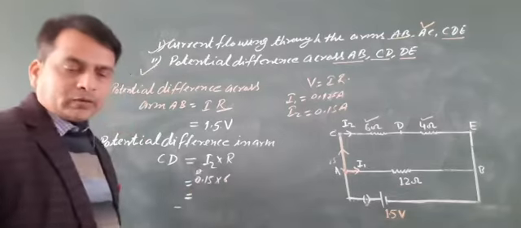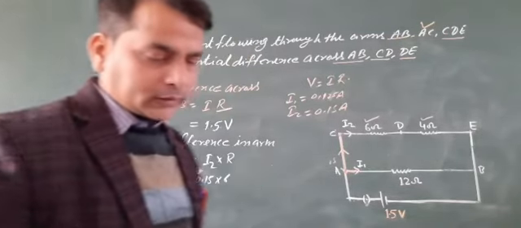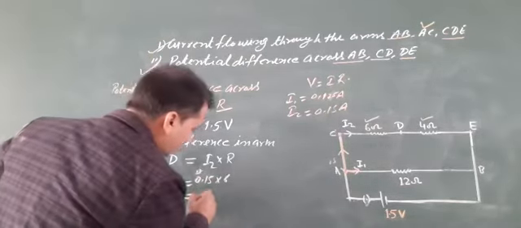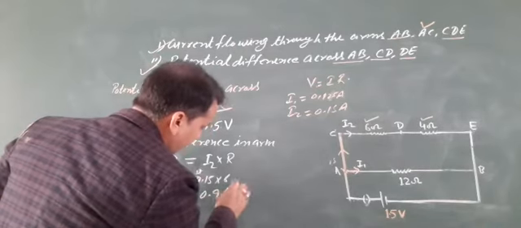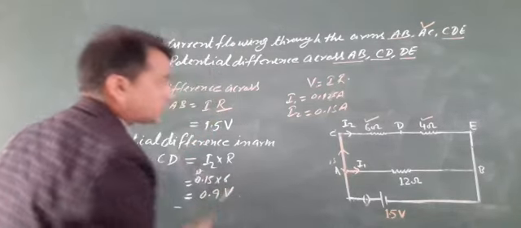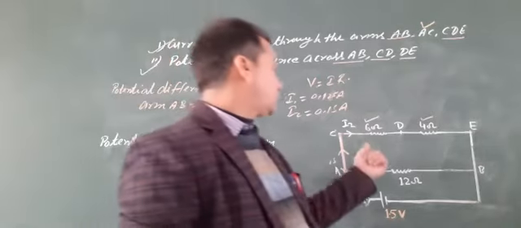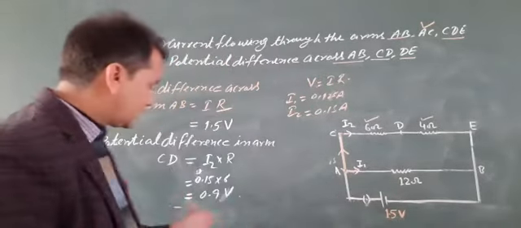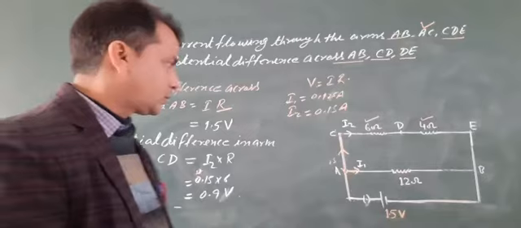Then 0.15 into 6 is 0.9 volt. So in this arm CD, the potential difference is 0.9 volt.